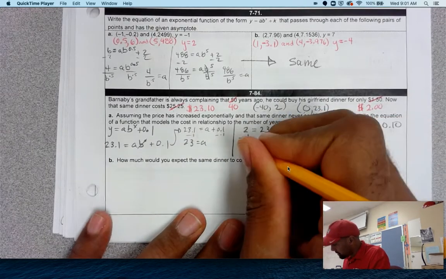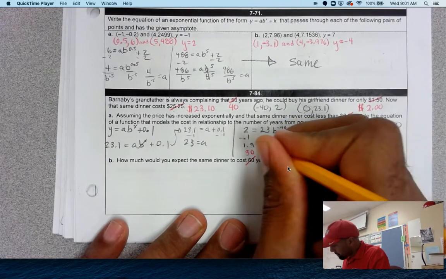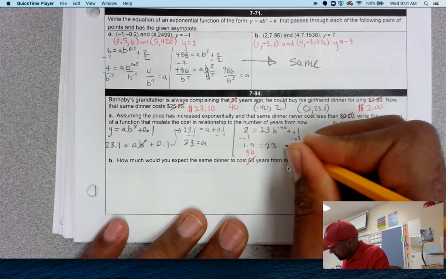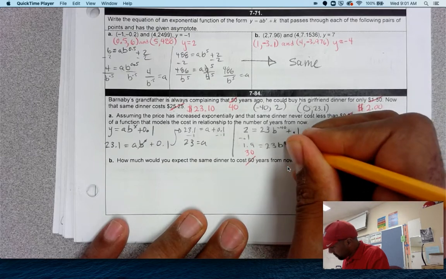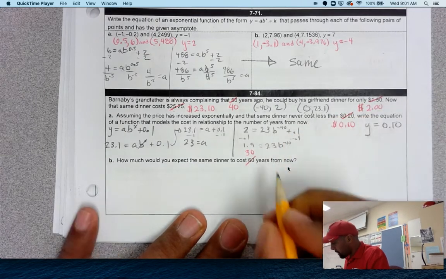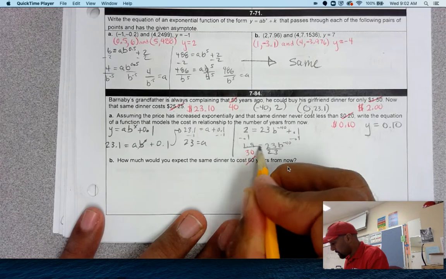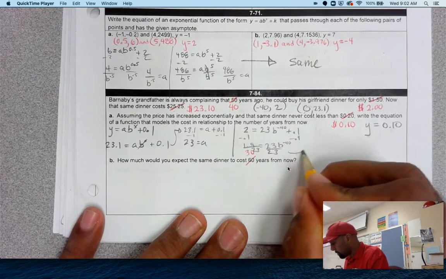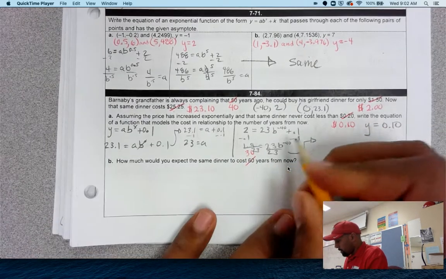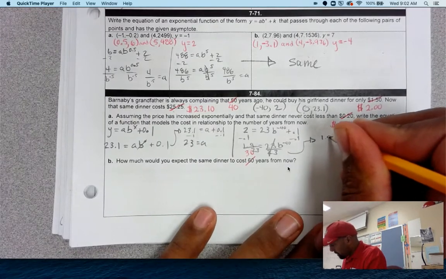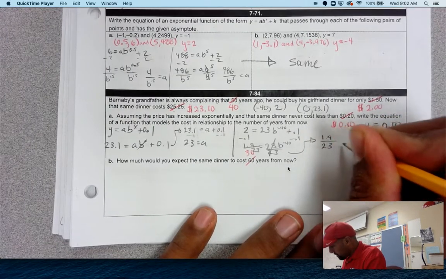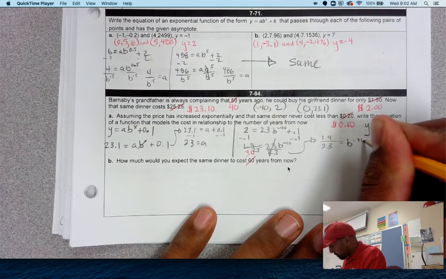We're basically working ourselves around to get that b by itself. So now we have 23 times b to the negative 40. Then we divide by 23 on both sides, so that cancels, and we get 1.9 divided by 23 equals b to the negative 40.